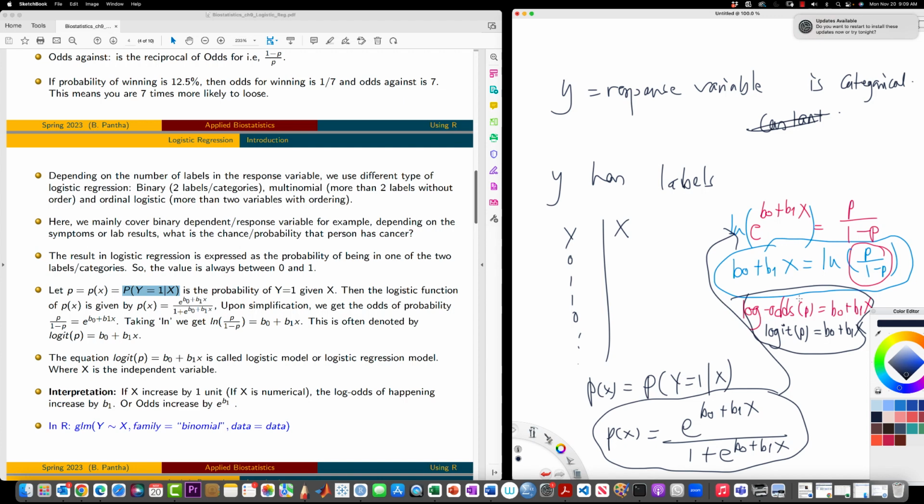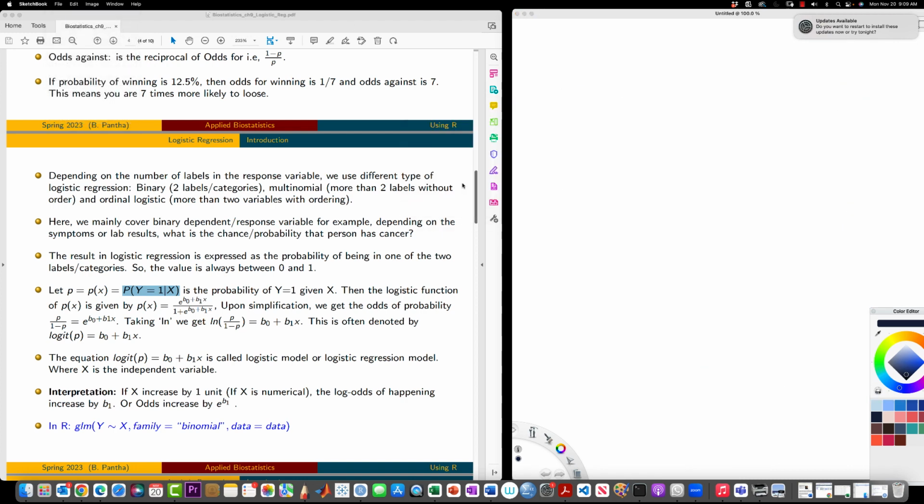Now how do we interpret the result? So what we just saw is log odds of p equals b0 plus b1x, or you can write log of p over 1 minus p equals b0 plus b1x.